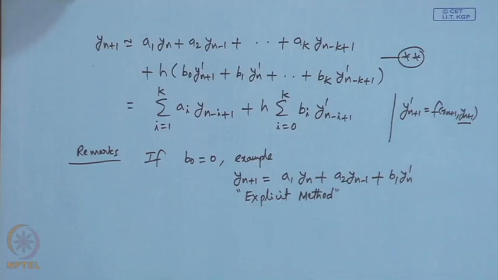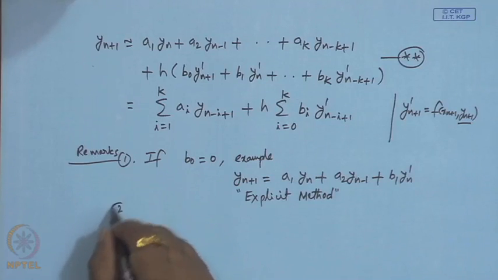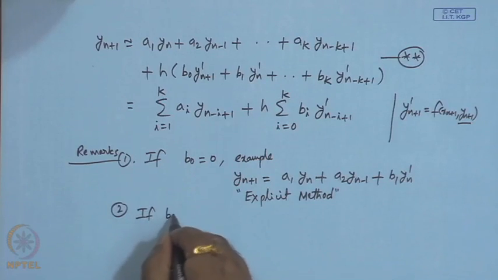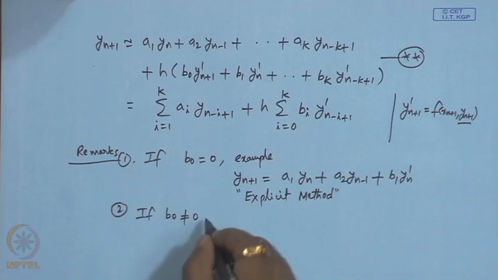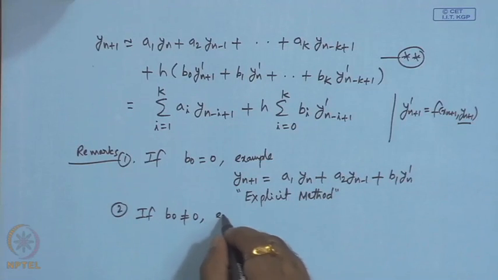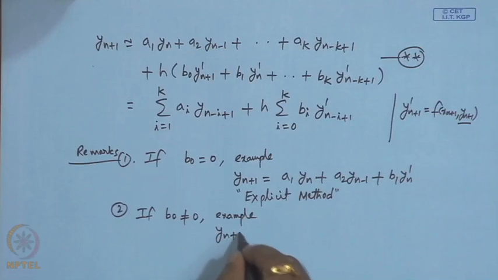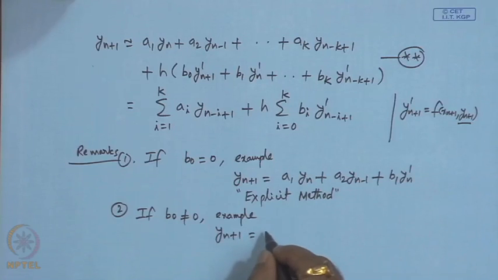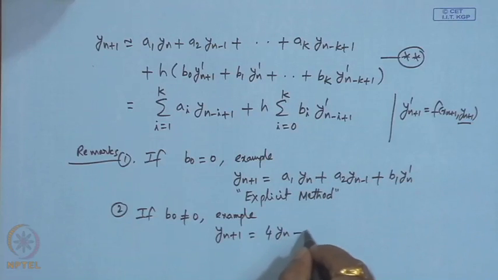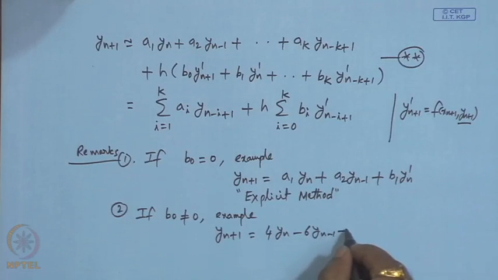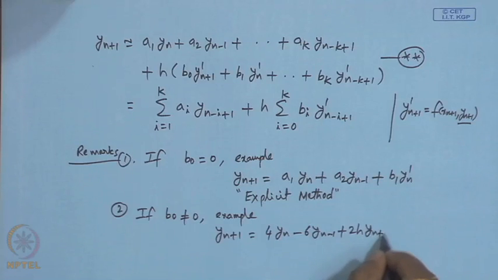Now, if b 0 is non-zero, for example y n plus 1 is say 4 y n minus 6 y n plus 1 plus 2 h y n plus 1 prime plus 7 h.